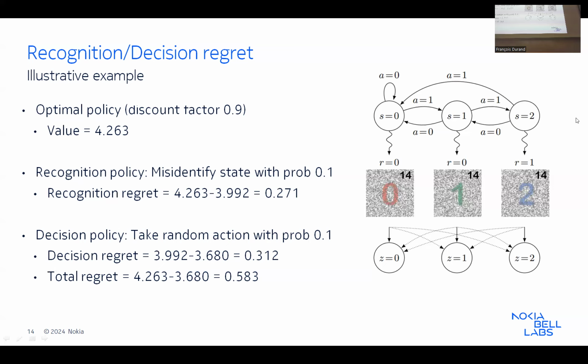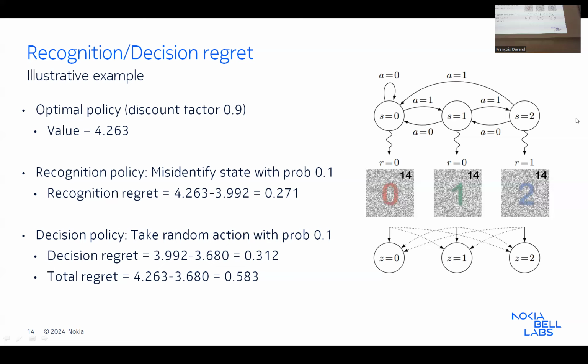And we've also put some fuzziness in here to make it a slightly more challenging recognition problem. If we have a discount factor of 0.9 here, so the discount factor is just how you discount rewards in the future versus rewards now, then you can solve this Markov chain and you get a value of 4.263.